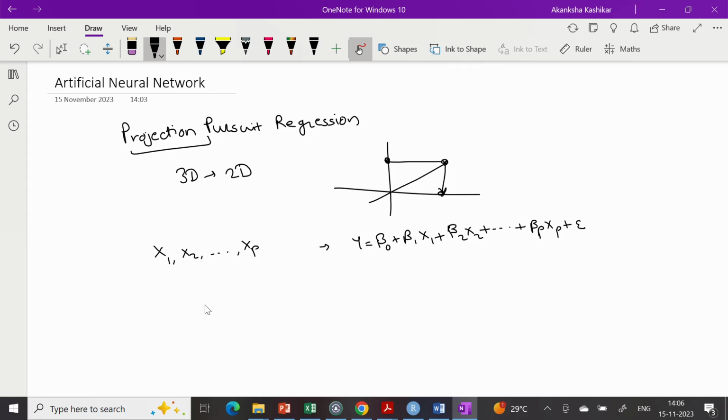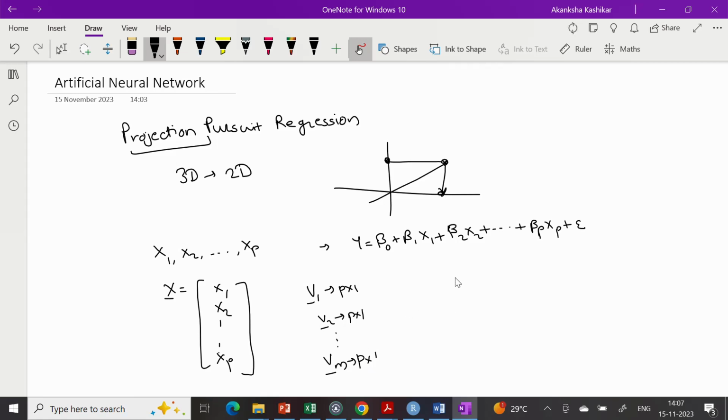How is it achieved? We construct a new m-dimensional vector via taking projections. We have the x vector as x1, x2, ..., xp, and then we have m new p-dimensional vectors. v1 is a p cross 1 vector, v2 is also a p cross 1 vector, and so on, vm is also a p cross 1 vector.